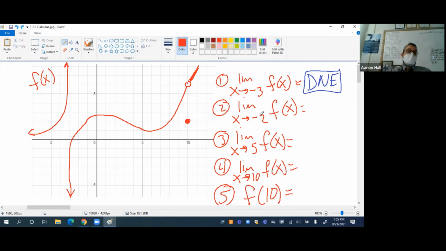When x is -2, then our y value is right there at 1. So the answer is 1.